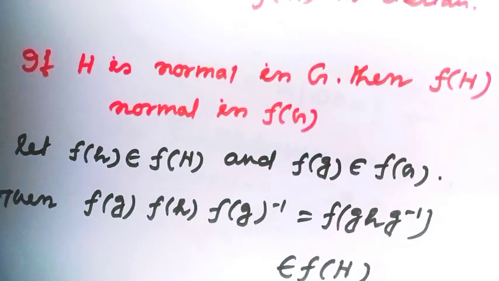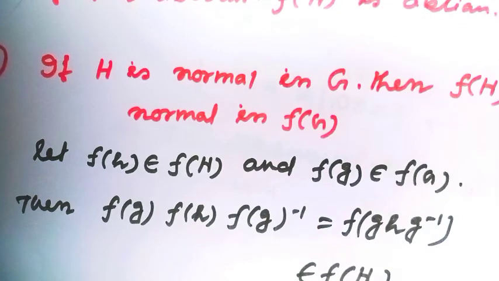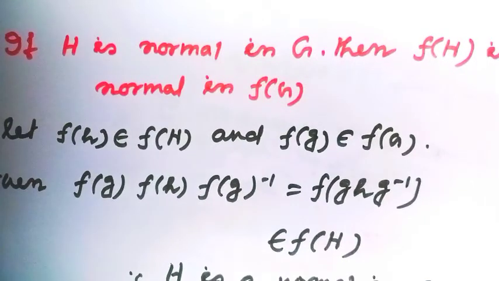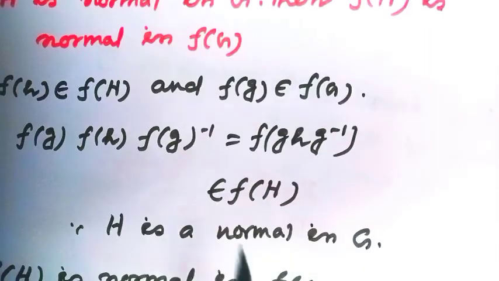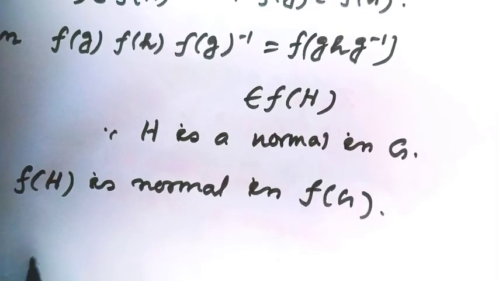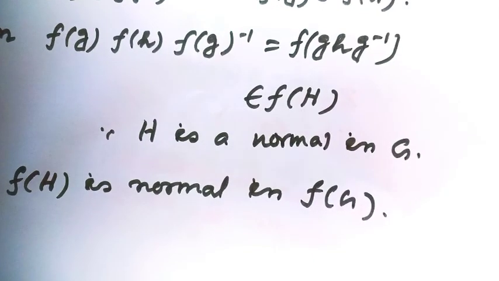Let f of h be a member of f of capital H and f of g be a member of f of capital G. Then what would be f of g times f of h times f of g inverse? By homomorphism, this is equal to f of g h g inverse. This is a member of f of capital H since H is normal in G. So that implies f of H is normal in f of G.